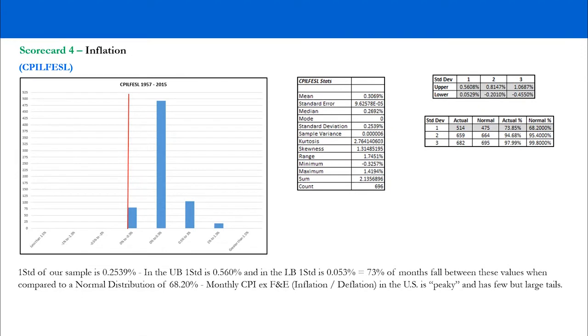So again, we're starting to learn an awful lot about this data, not just when we look at it on a standalone basis, but also when we're comparing to a normal distribution and also comparing to its cousin, if you like, the CPI, including food and energy.